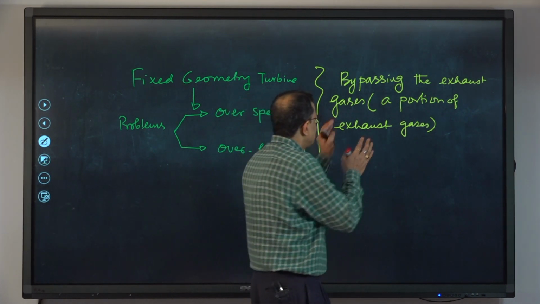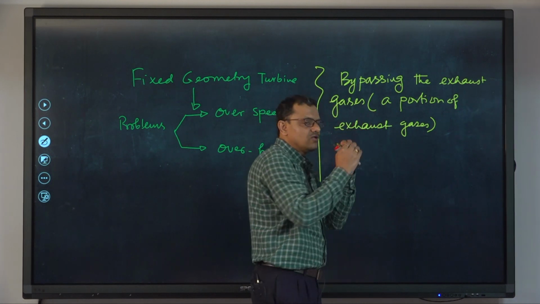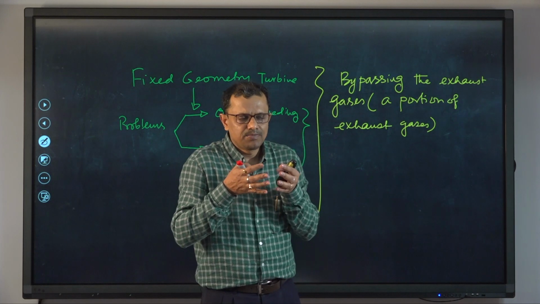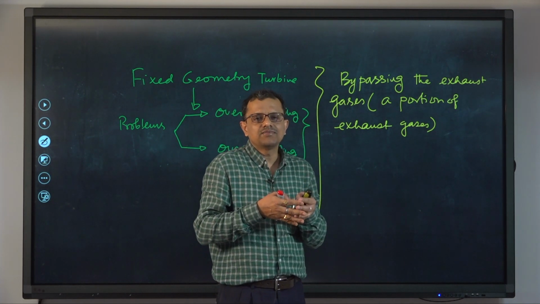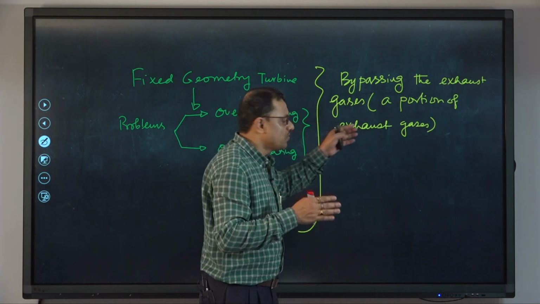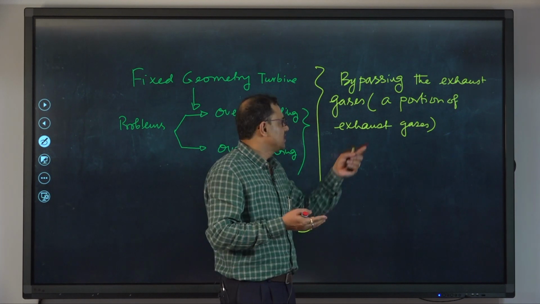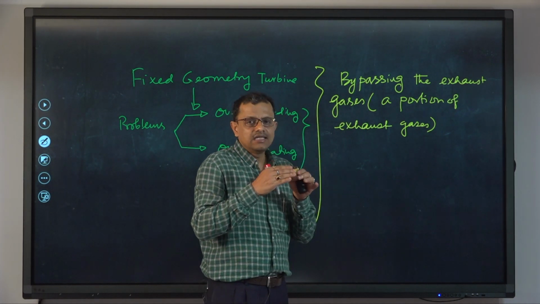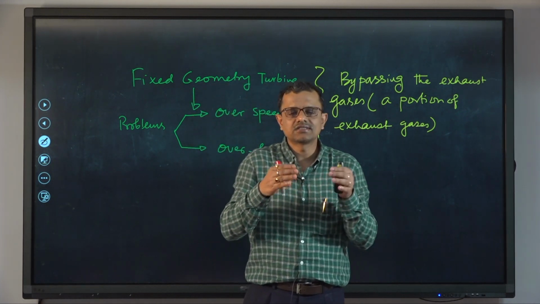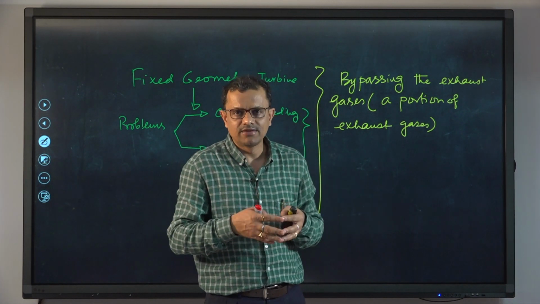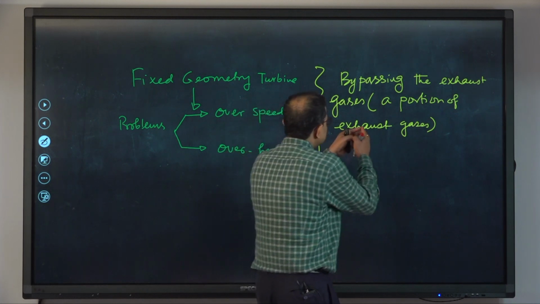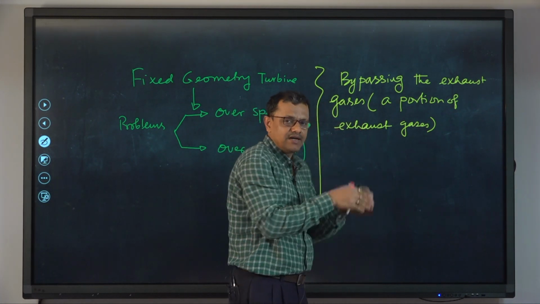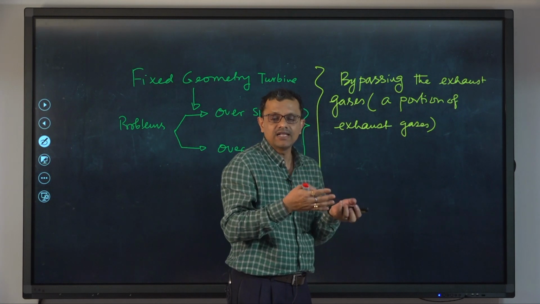So, to exploit the maximum kinetic energy of the exhaust gases, the turbine is placed at a location close to the exhaust manifold. Now, if we need to bypass, what is done? A portion of exhaust gases is deliberately made to bypass the turbine housing.